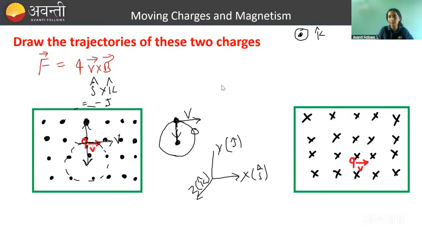This is the unit vector notation, right? So if it is dot, then for dot, since it is outward, perpendicular to the plane, it will be k cap. Got it?